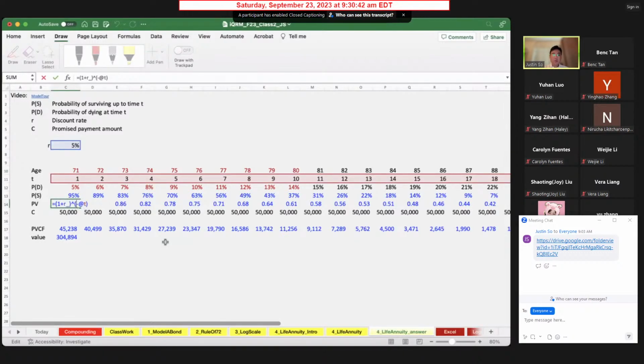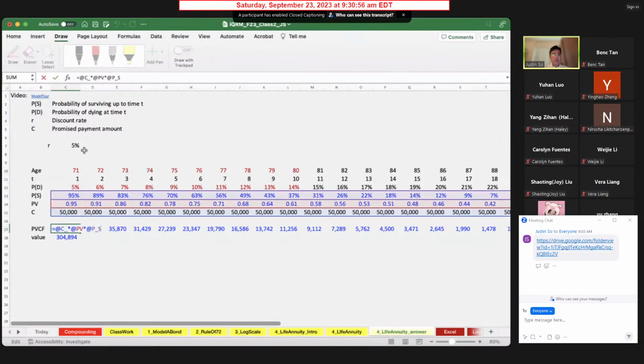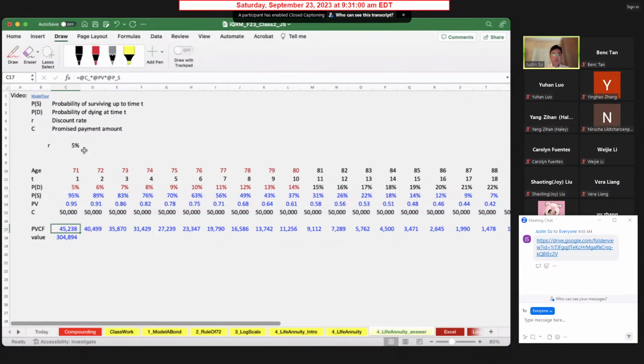The formula still applies using the discount factor or interest rate of 5%. The same formula. What's changing here is present value, because probability of survival changed. Now the total present value of cash flow becomes 304,000.